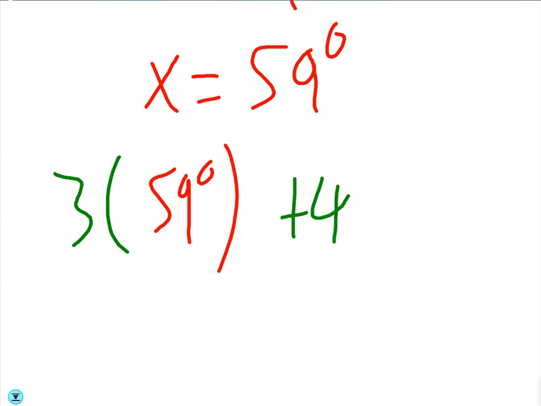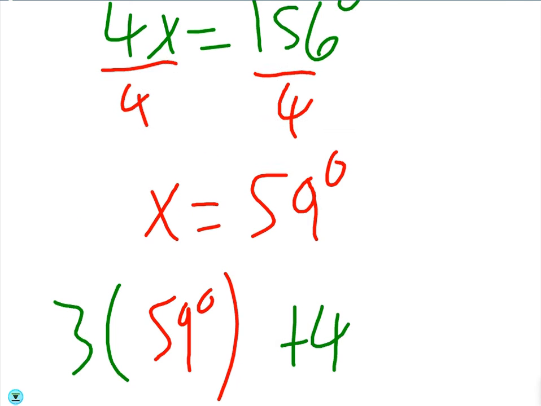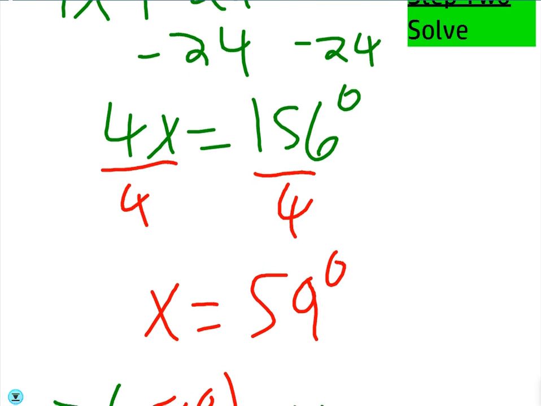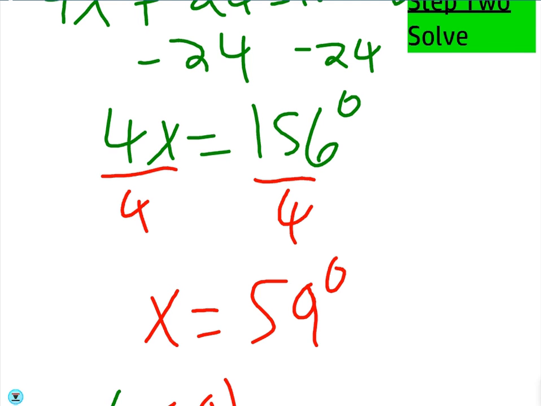3 times 39 is, yes? Is it 39? 4 times, yep, you're right. Thank you. Because 4 times 40 is 160. 1 less than that is 39.